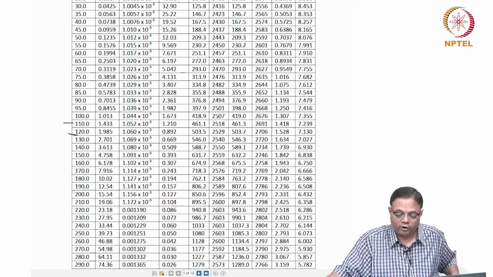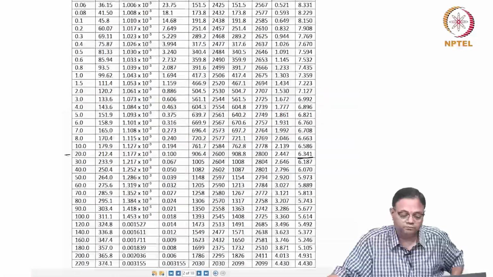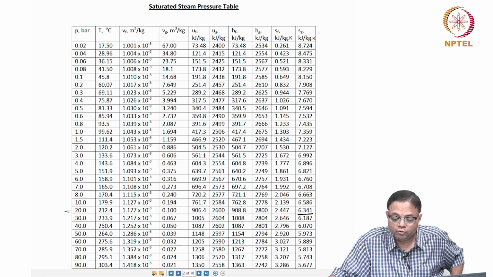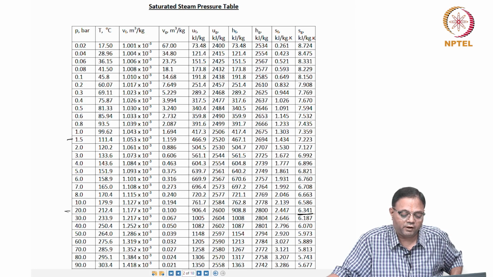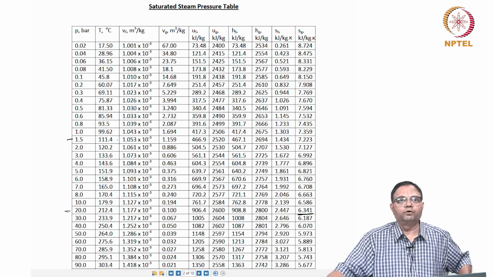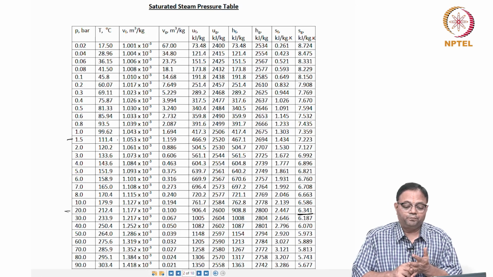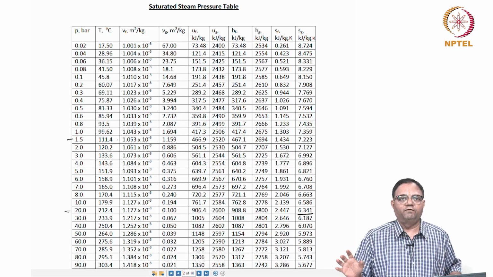So just by looking into tables I can get the value of the Hg. You can also do this from the pressure based table. Here, okay, here also you can do. So 2694 is there. You can see this 1.5 bar 2694, which is also very close. But temperature you can see 111.4. So you can take any value. So the pressure is around 1.5 bar and temperature is around 111 degrees.